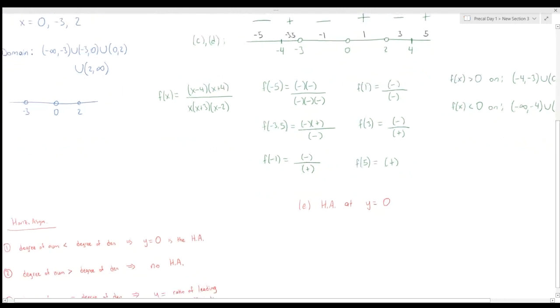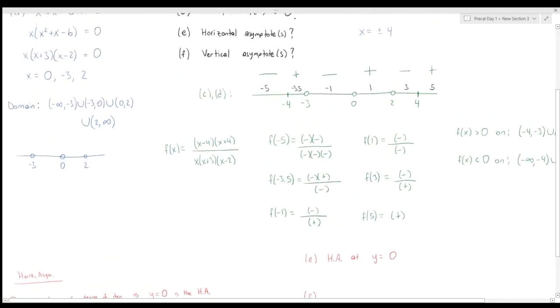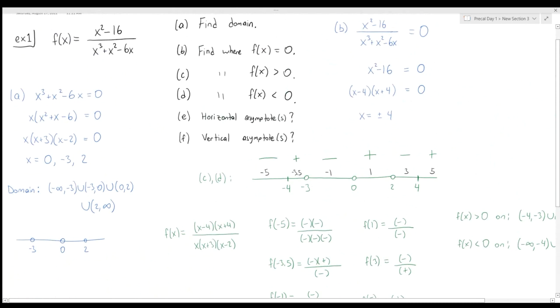All right. And then lastly, for the vertical asymptotes, could anyone tell me where the vertical asymptotes of the function are? How do we determine that? Does anyone know?